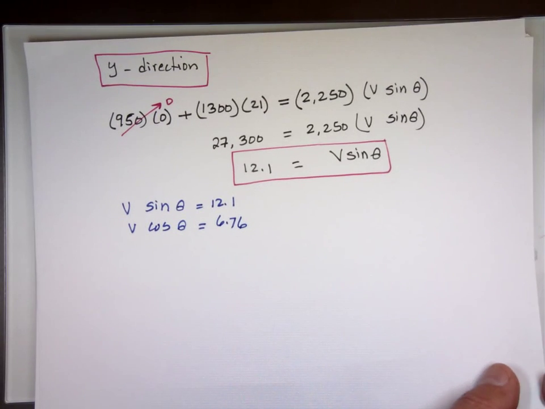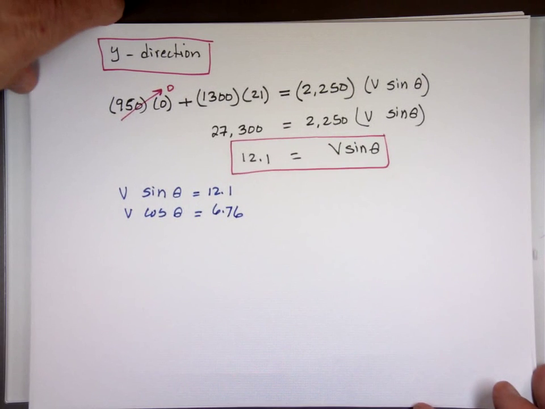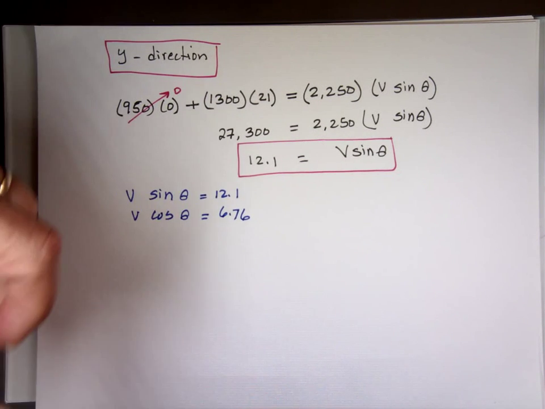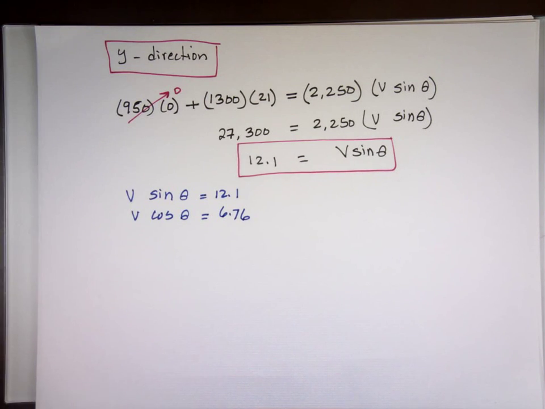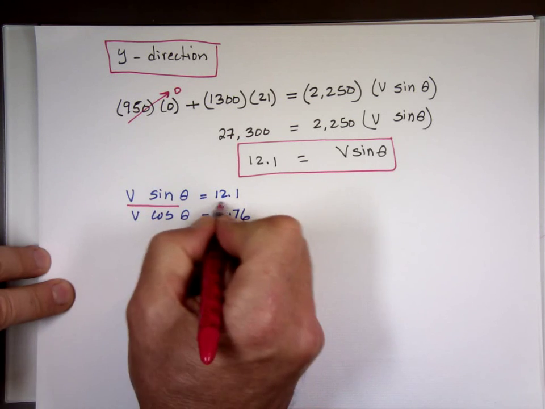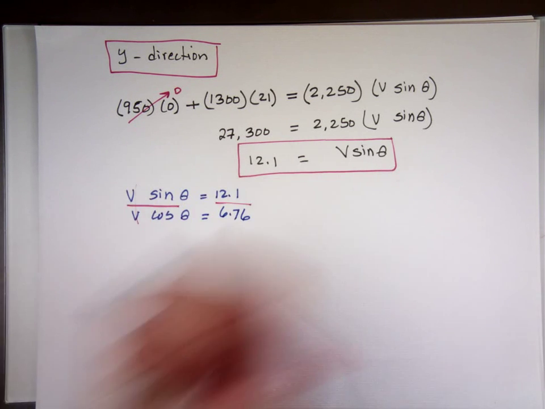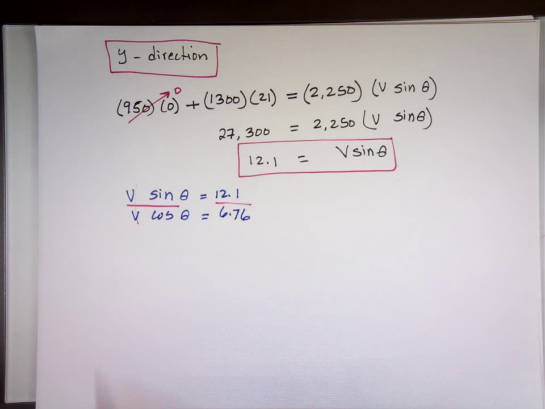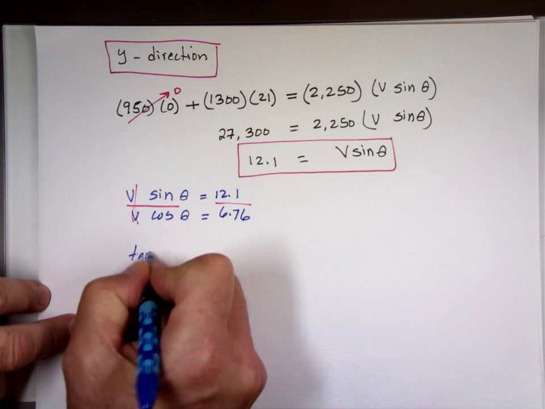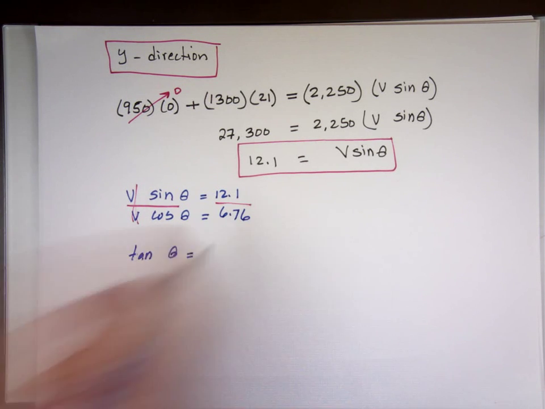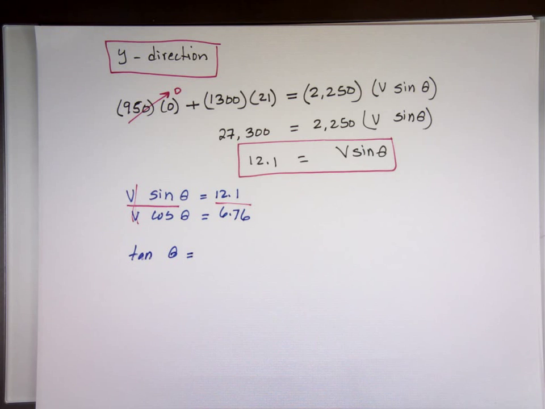I can use substitution, or I can just take the two equations and divide them. If I divide this by that, the V's will cancel each other out. What's sine divided by cosine? Tangent. What's 12.1 divided by 6.76? 1.79.